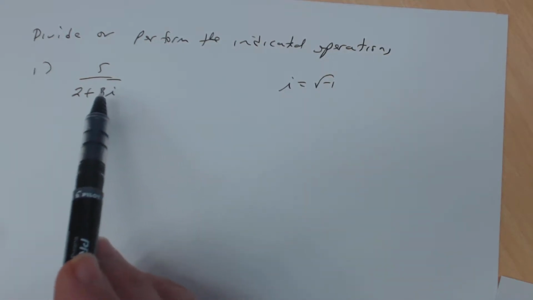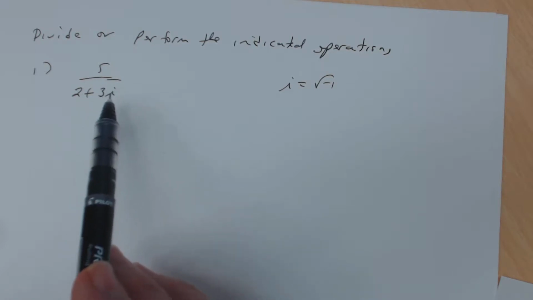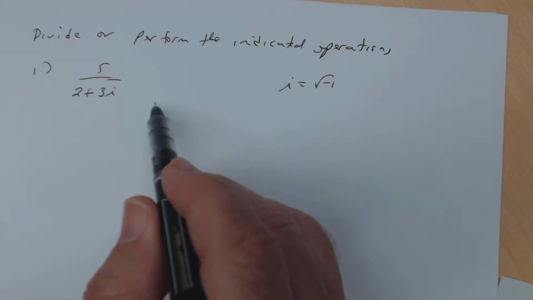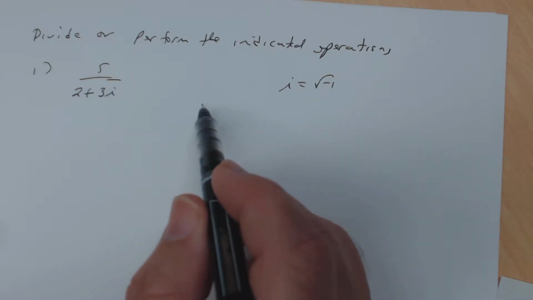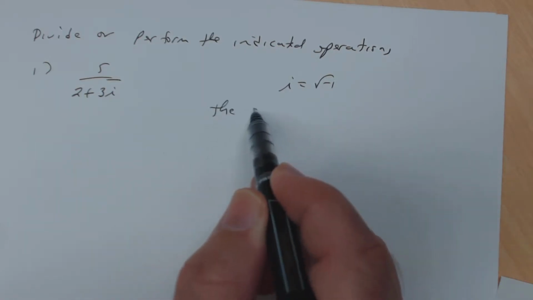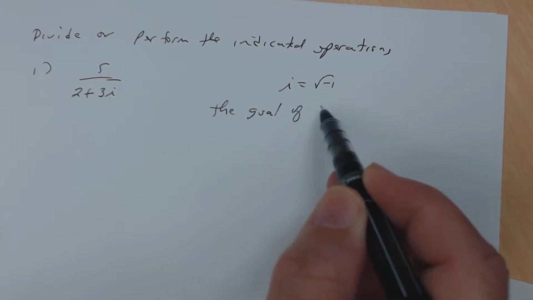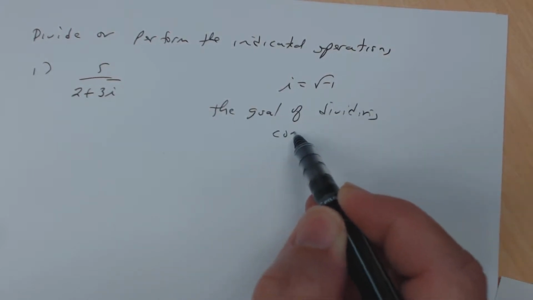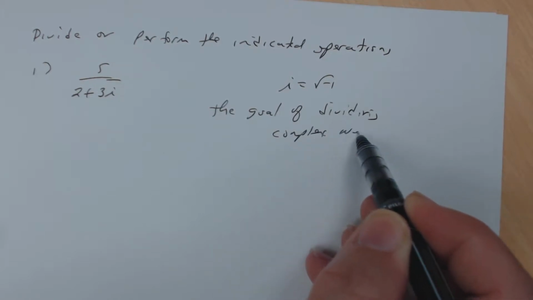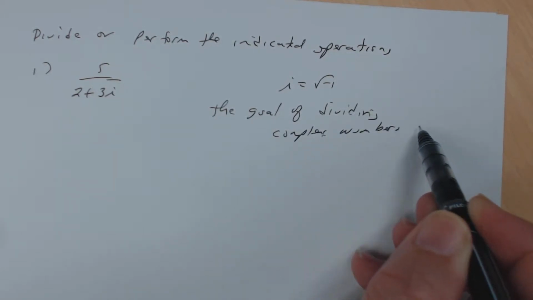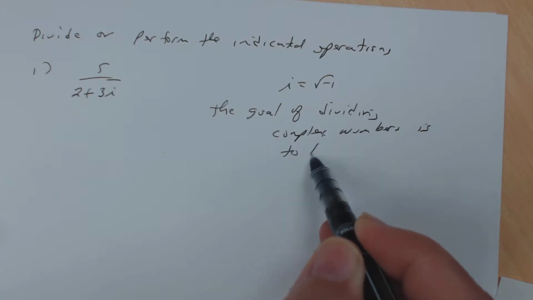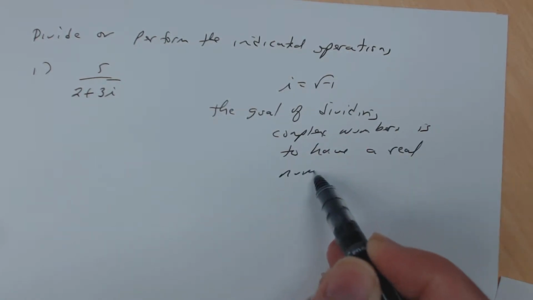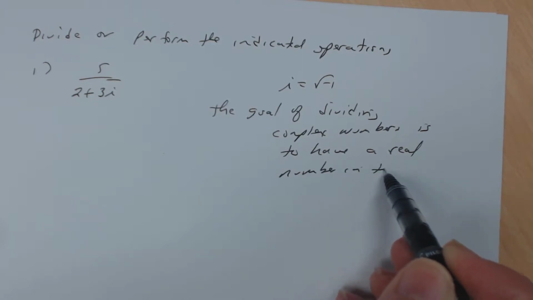What you want to do is not have an imaginary number in the denominator. You want the denominator to be a real number. So the goal of dividing complex numbers is to have a real number in the denominator.